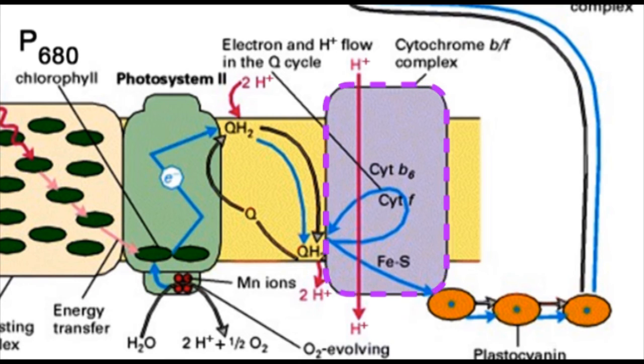The cytochrome Bf complex is similar in structure and function to the cytochrome Bc1 complex in photosynthetic bacteria and to complex 3 in mitochondria. As in these systems, the Q cycle operates, thereby increasing the proton motive force generated by electron transport.